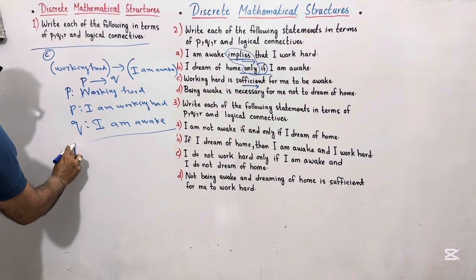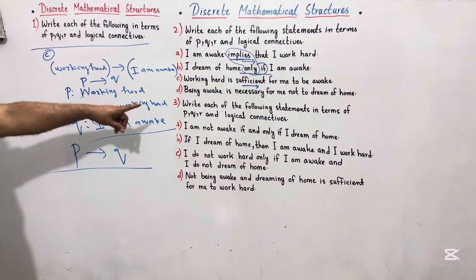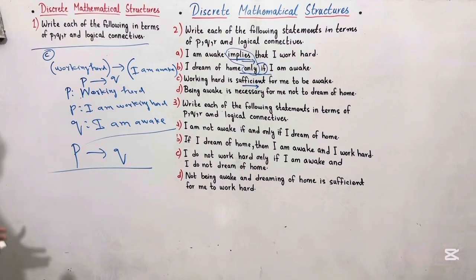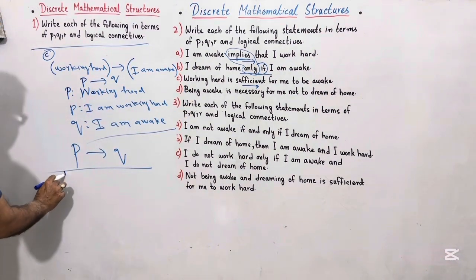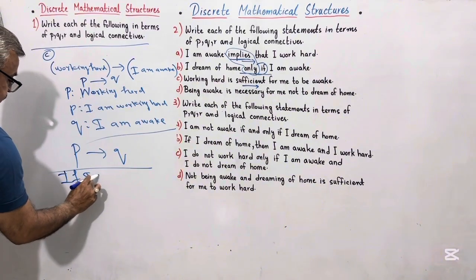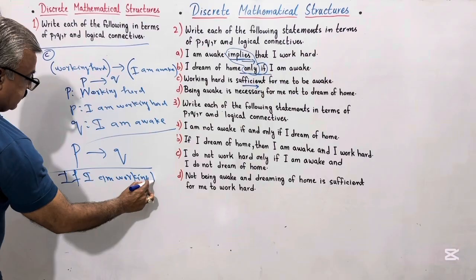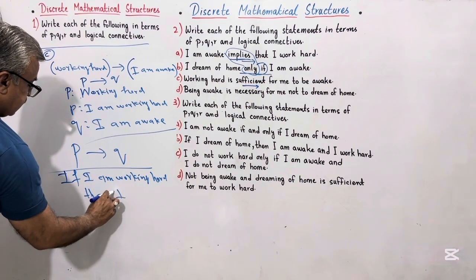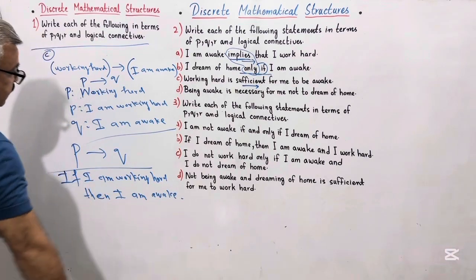We can write our implication as P implies Q, or we can write this as: if I am working hard, then I am awake.